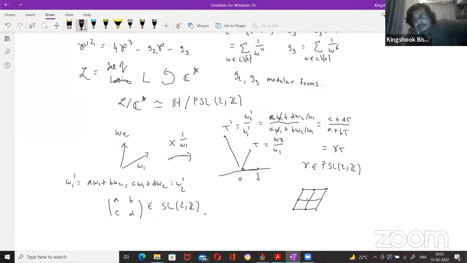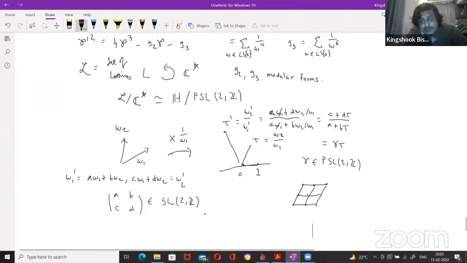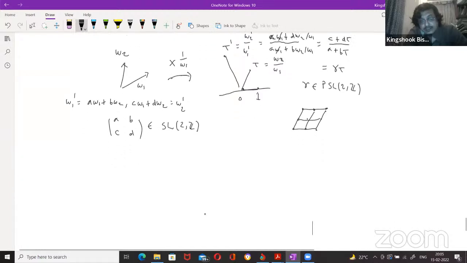In PSL2Z, we know certain special elements, like elliptic points. For example, the special points in the upper half plane: this is the usual picture of the fundamental domain, and you have these torsion points.